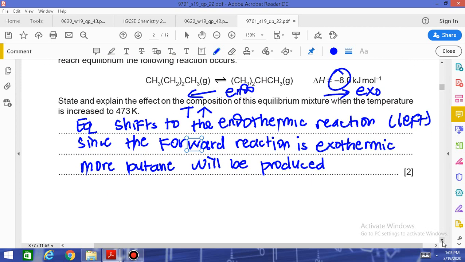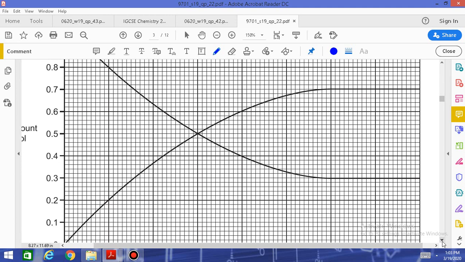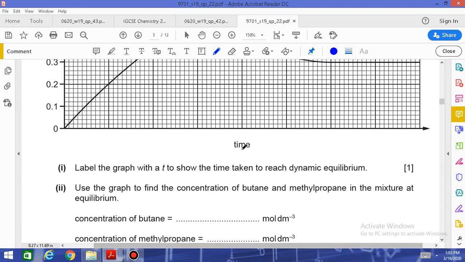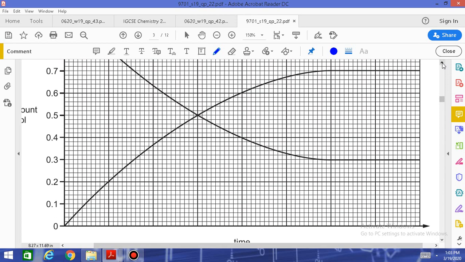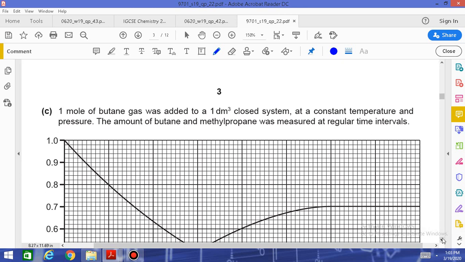Okay, next. 1 mole of butane gas was added to a 1 liter closed system at a constant temperature and pressure. The amount of butane and methylpropane was measured at regular time intervals.